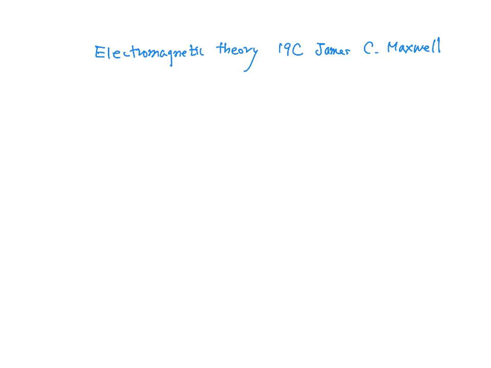So in the 1870s, James Clerk Maxwell actually formulated the electromagnetic theory. Electricity and magnetism had been known for a long time, since the magnet, maybe 2,000 years, but it was Maxwell who formulated it mathematically.